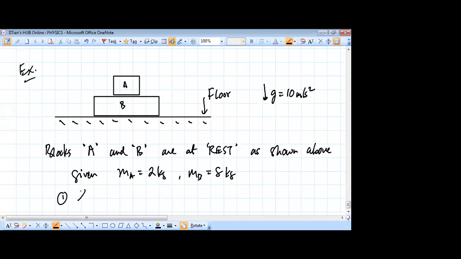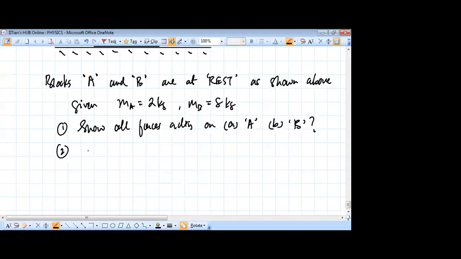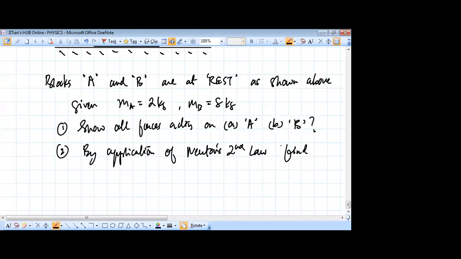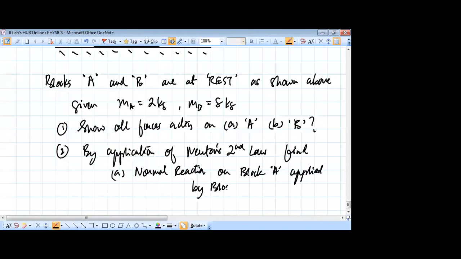First of all, show all forces acting on block A and block B. Secondly, by application of Newton's second law, find the normal reaction on block A applied by block B, and secondly, the normal reaction on block B applied by the floor.